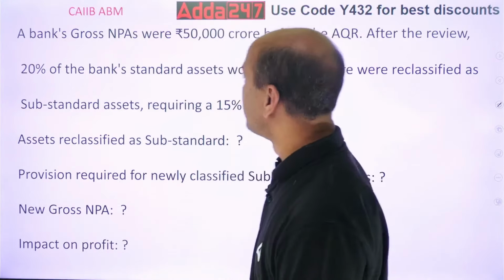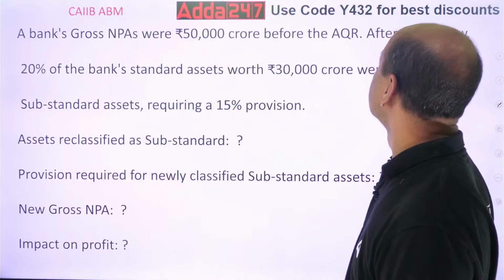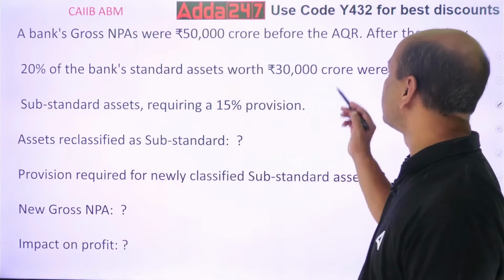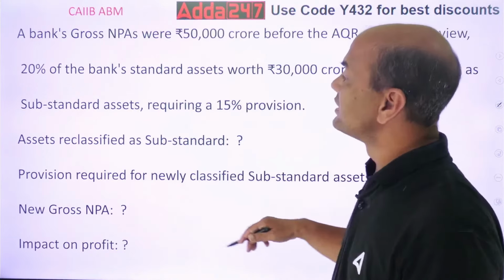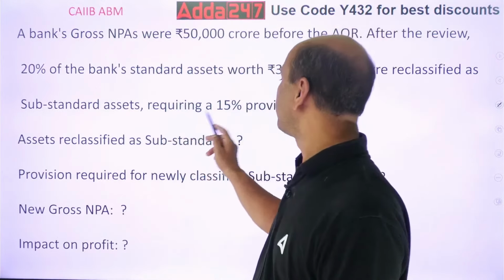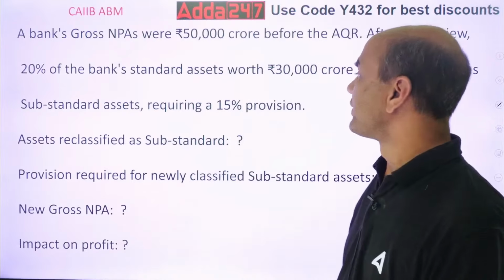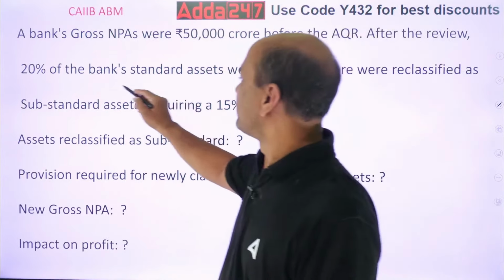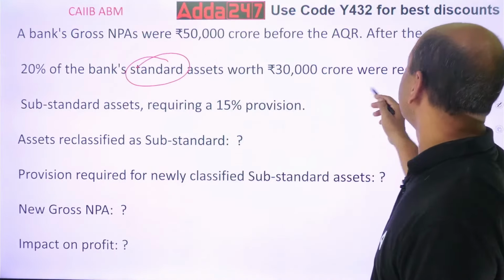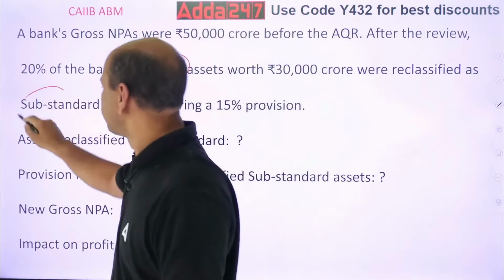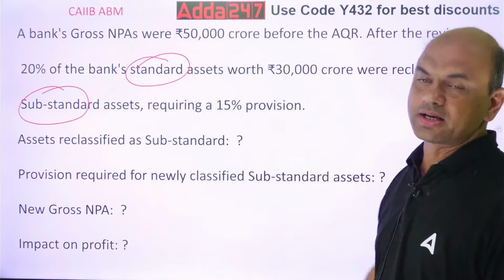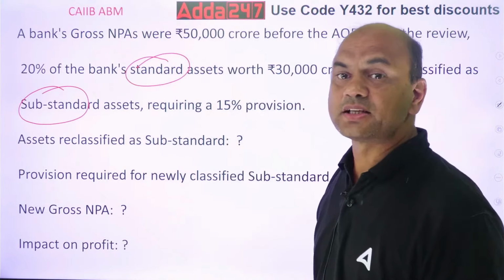After the review, 20% of the bank's standard assets worth 30,000 crore were reclassified as substandard assets requiring 15% provisions.